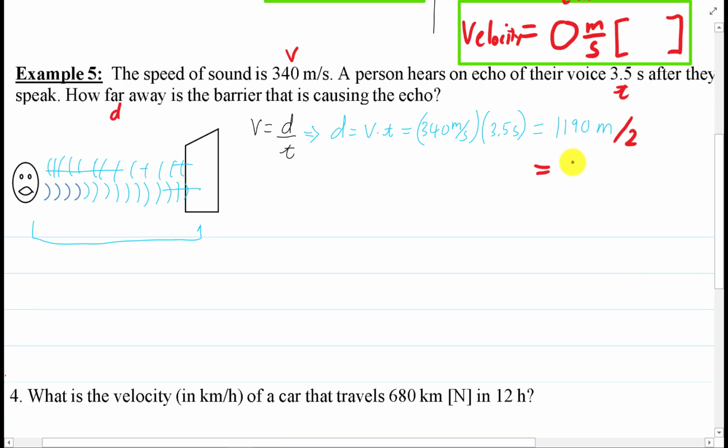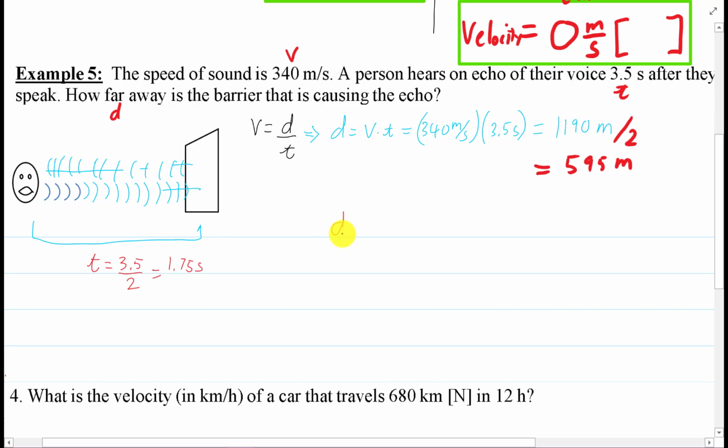Okay? And that's going to be 595 meters. Now, to get that without this logic at the end, we could have done the logic beforehand. We could have said, well, if it took 3.5 seconds to go to the wall and back, the time to go to the wall is 3.5 divided by 2, which is 1.75 seconds. 1.75 seconds to the wall and 1.75 seconds back.